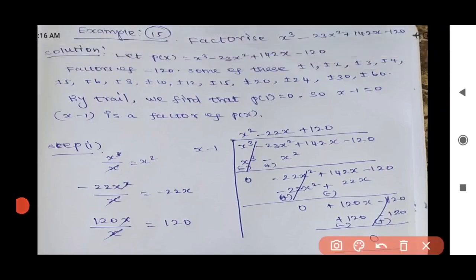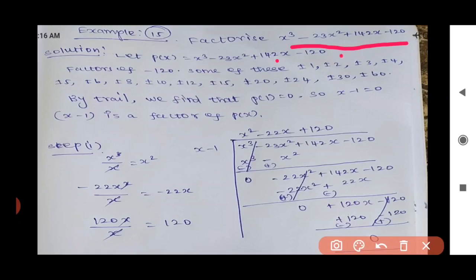Factorize the given polynomial p of x, x cube minus 23x squared plus 142x minus 120. Solution. Let p of x equal x cube minus 23x squared plus 142x minus 120.